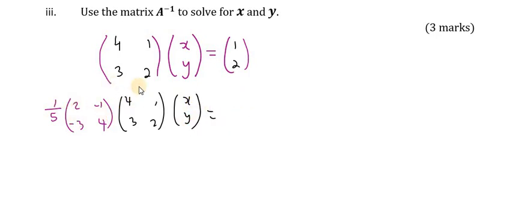So we multiply this side, which is the left-hand side of the equal sign, by A inverse. We also multiply this side by A inverse. So let's write A inverse. This is A inverse. We're going to multiply by the 2 by 1 matrix.